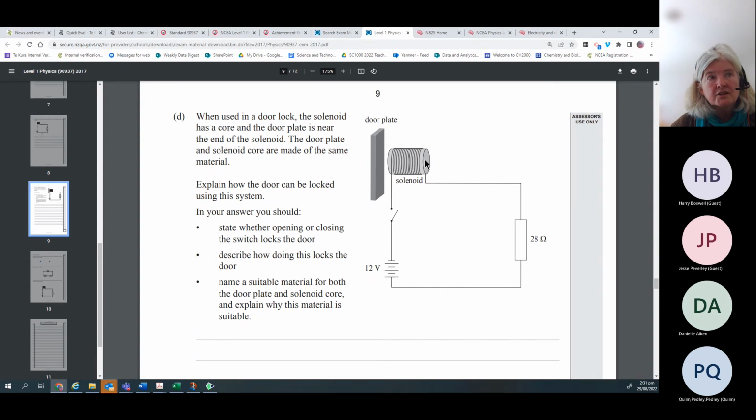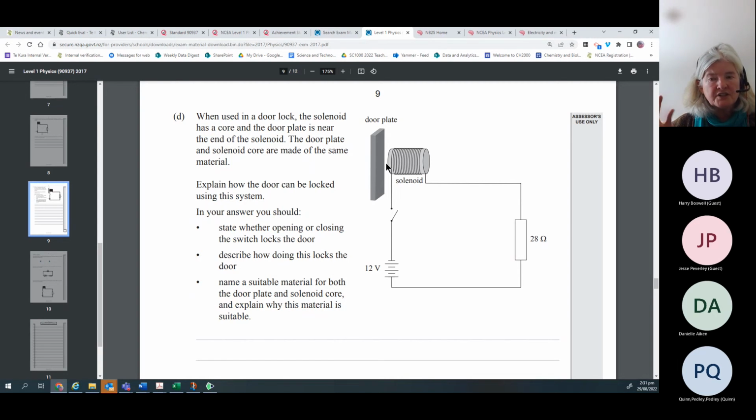In particular, this core is going to be turned into a magnet, an electromagnet, with the north end on this side and the south end on that side. The material it is made out of has to be soft iron, because soft iron magnetizes really quickly, and the moment you switch it off, it demagnetizes just like that.